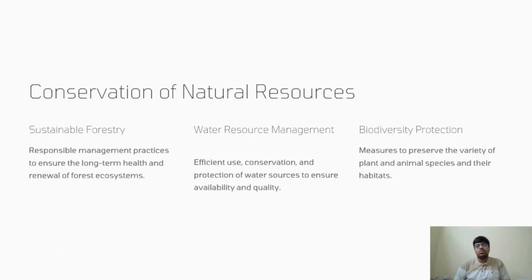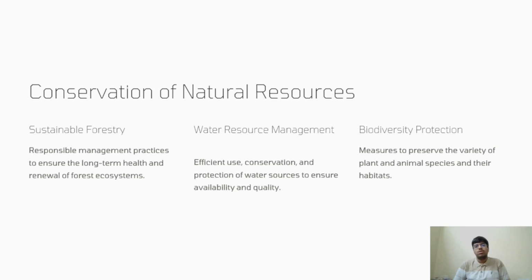Now we'll see some conservation of natural resources. Here some conservation methods are: first one, sustainable forestry, where we must be responsible for managing the practices to ensure the good long-term health and renewal of forest ecosystems.